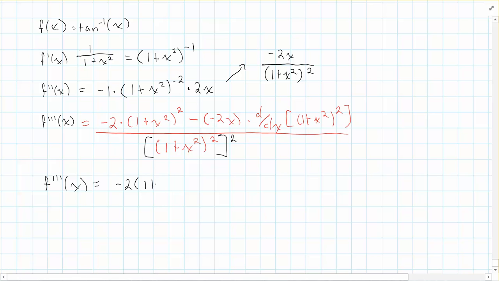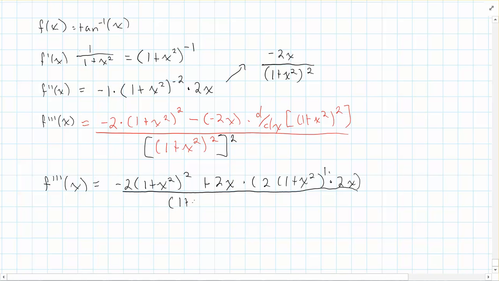Negative 2 times 1 plus x squared squared plus 2x, and then this would be times 2, 1 plus x squared to the first power times 2x. And this is all over 1 plus x squared to the fourth power.